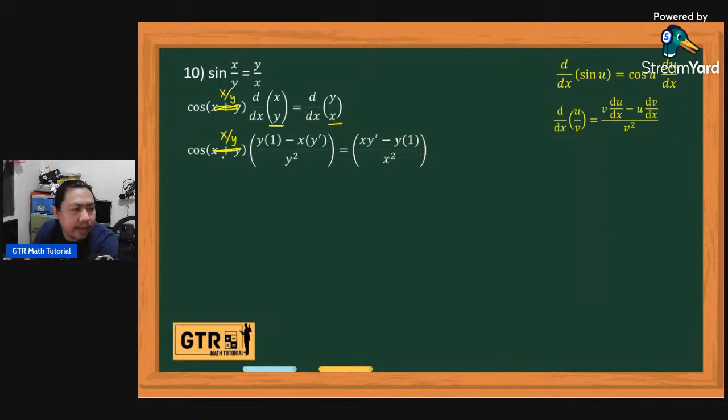Nagkamali tayo ng kopya sa pag-edit. So we have denominator y, derivative of x is 1, minus the numerator x, times the derivative of the denominator, y prime, over y squared. Then for this, the denominator is x, derivative of y is y prime, minus y, derivative of x is 1, over x squared.